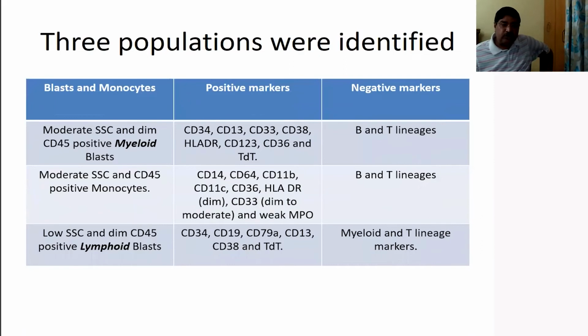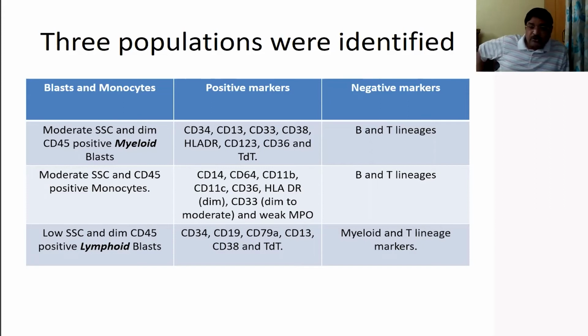Next. So you have blasts and monocytes, positive for a higher side scatter and CD45 being positive. Moderate side scatter with CD45 positive monocytes. There is a lymphoid population which was positive for CD34, CD19. There is a myeloid population which was positive for CD34, CD13, CD33, variable positive CD123.